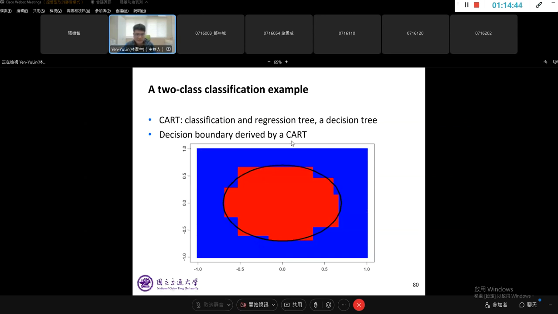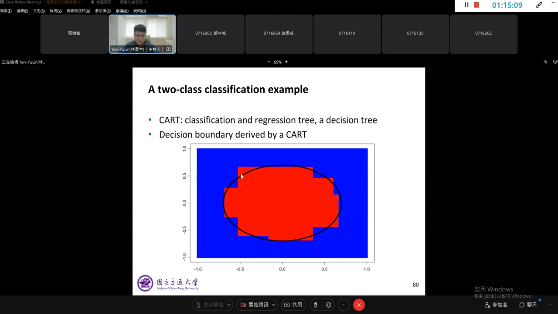In the paper on bagging, Professor Leo Breiman used CART as the decision tree. This is a specific category of decision tree. CART is very famous because it can be used for classification and regression. We use CART to control the decision boundary.